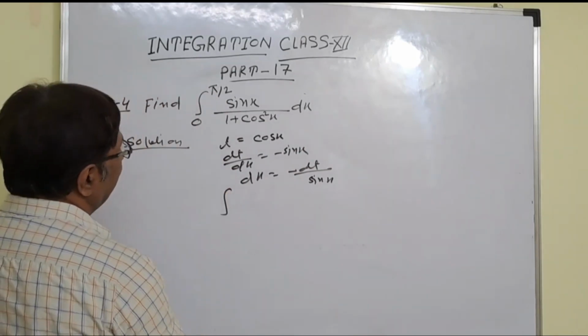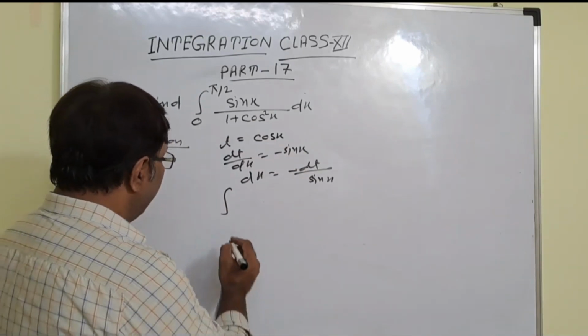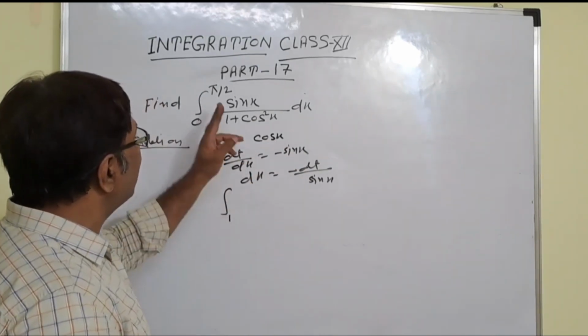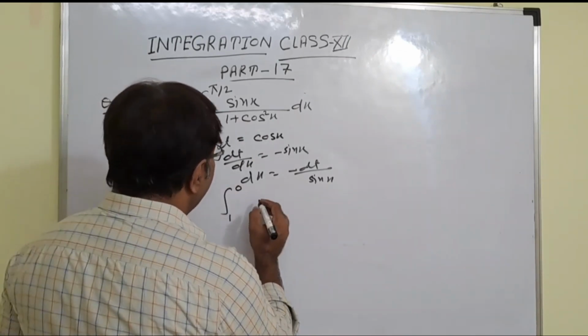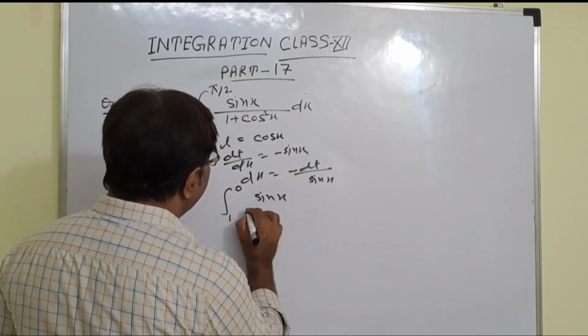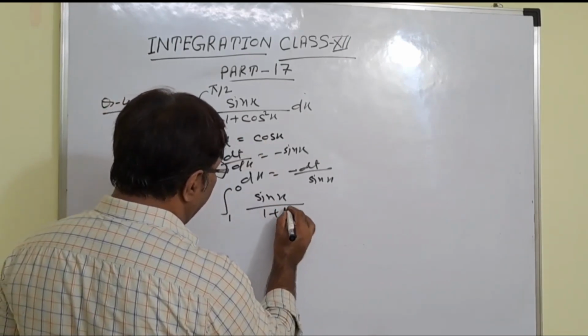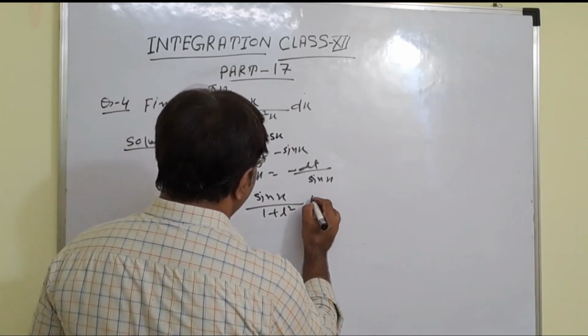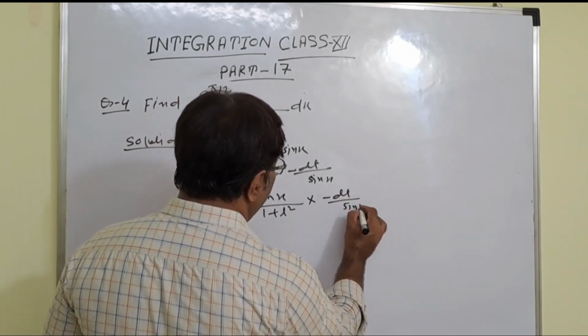Now in this integration, lower limit is 0, so cos 0 is 1. And here upper limit is pi by 2, so cos 90 is 0. Okay, and here sin x, and t is cos x, so this is 1 plus t square, and here dx. So dx is minus dt upon sin x.